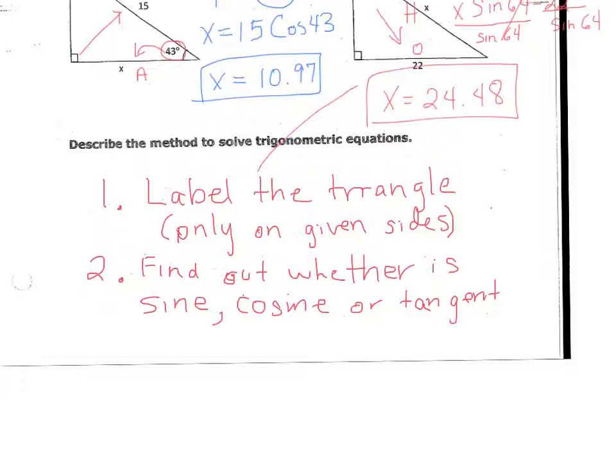It's hard to write here, okay? So find out whether it is sine, cosine, or tangent. Everything okay? Okay. Step 3. You already decided, oh, it's going to be sine, it's going to be cosine. So then what? Set up the equation.